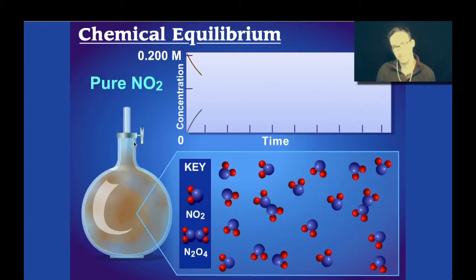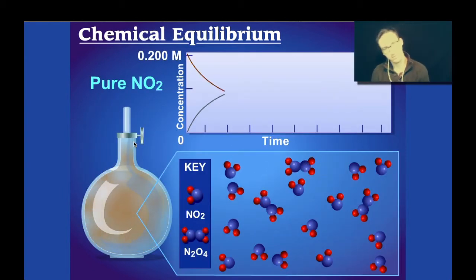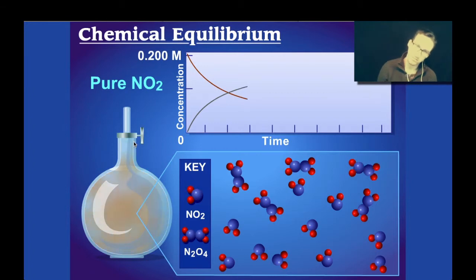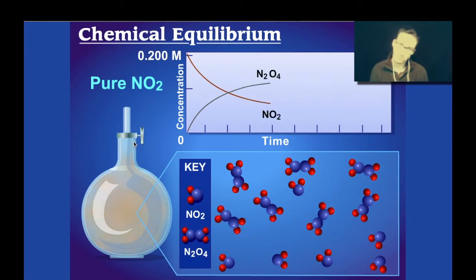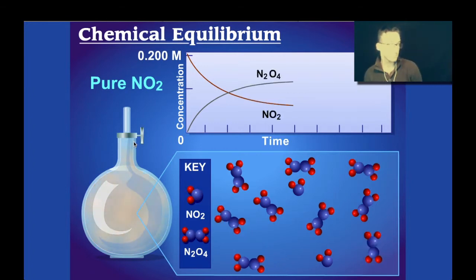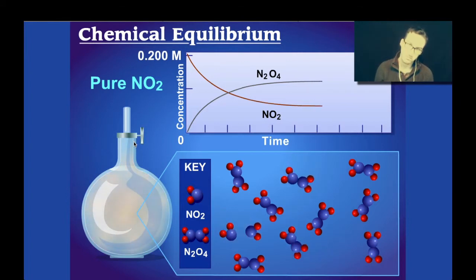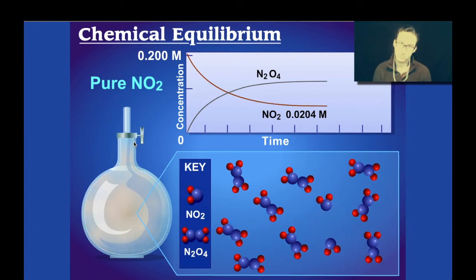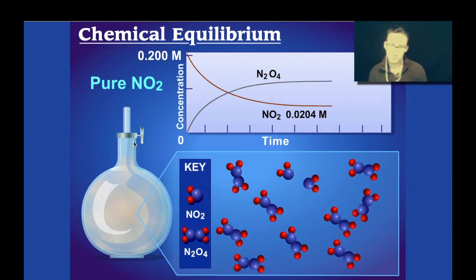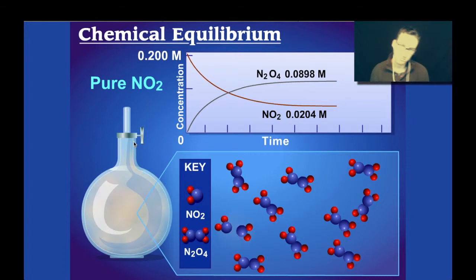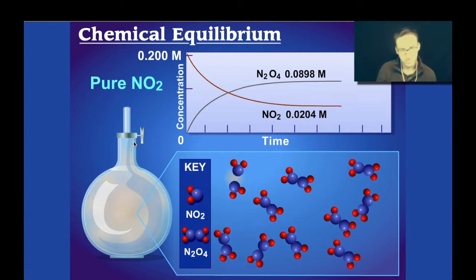Starting with 0.200 molar NO2, the reaction proceeds toward equilibrium, with NO2 molecules combining to form N2O4 molecules. At equilibrium, the concentration of NO2 is 0.0204 molar, and the concentration of N2O4 is 0.0898 molar.